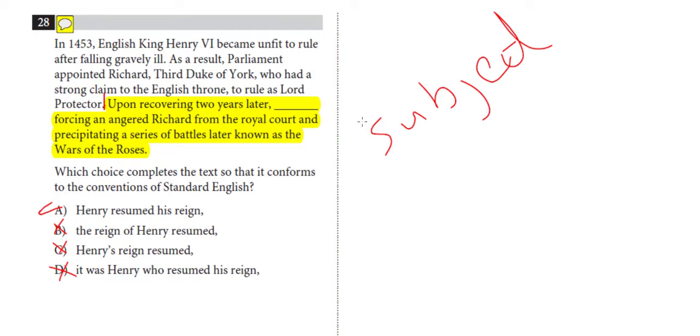It just requires you to put the subject that is being modified by the introductory phrase immediately after the introductory phrase. So A is the correct answer choice.